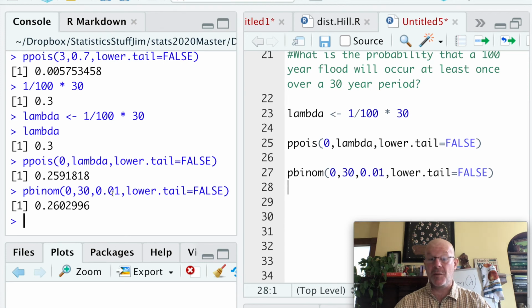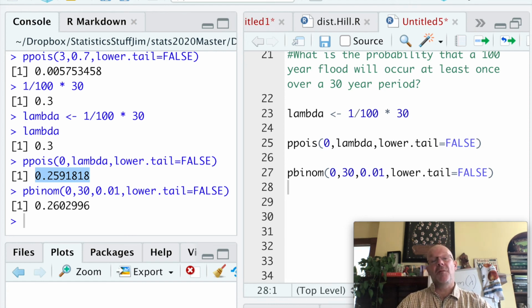The binomial will not allow us to have multiple floods in a given year, whereas with a Poisson, there is a probability that there's going to be 0 floods, but then there's also a probability that there's going to be 1 flood, 2 floods, 3 floods. And so this is probably the better estimate for what your expectation is that you're going to have a 100-year flood over a 30-year period.